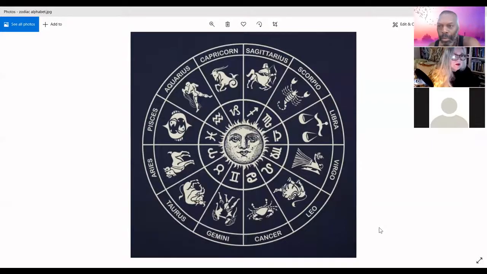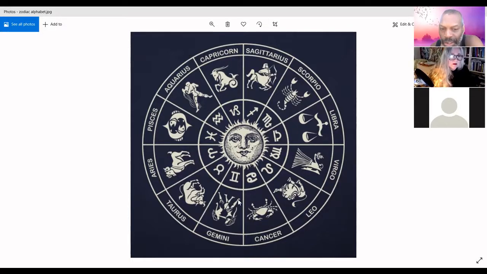Okay, so for Aries, if you have anything in Aries, this is the case. What we want is the 3rd, 4th, and 5th sign away, that's our left sextile, square, and trine. So the left sextile is Gemini for Aries.